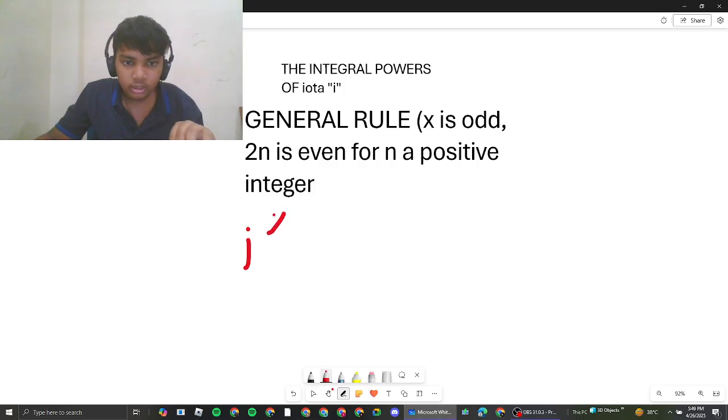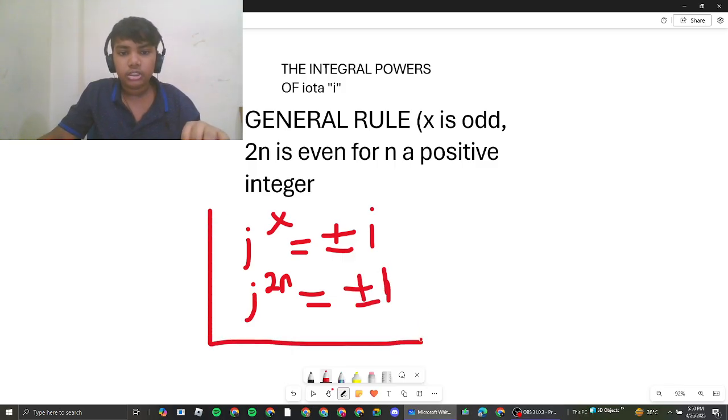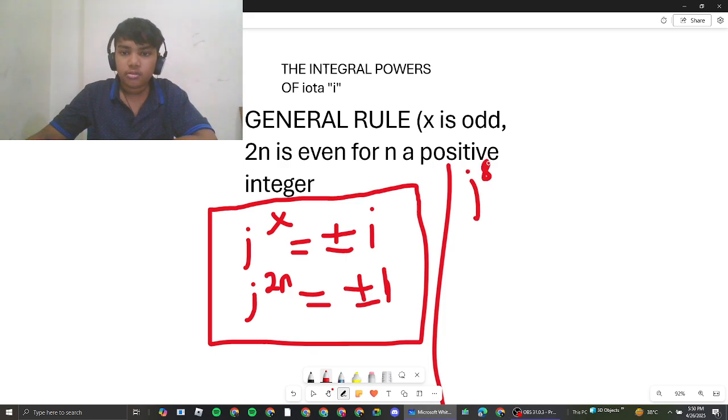I to the 2n would either be plus or minus 1. So this makes things much easier, because then we only have to assume two choices. Suppose we have to find something such as I raised to the power of 87.